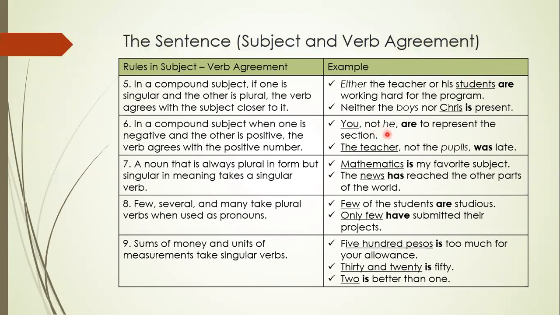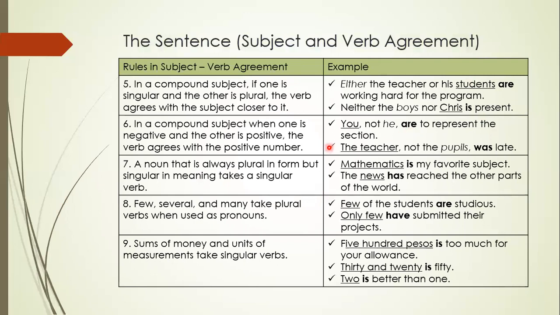Okay? So your verb must follow the positive subject. So you, of course, you could be singular or plural, but you always takes a plural verb. So you may need to have a plural verb for this one, are.